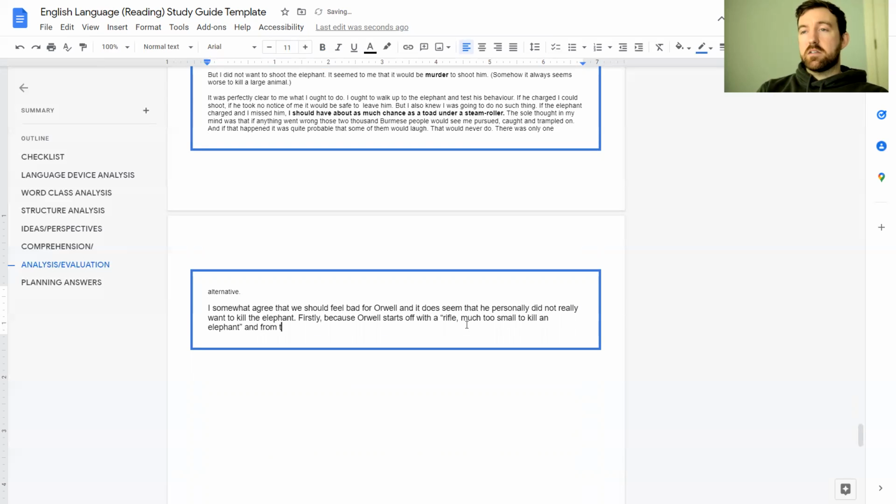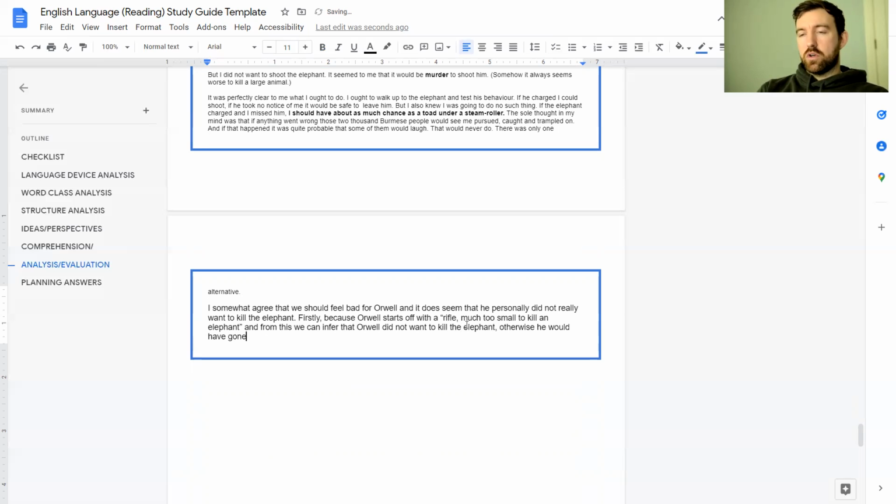And from this, we can infer that Orwell did not want to kill the elephant. Otherwise, he would have gone prepared with the right weapon.